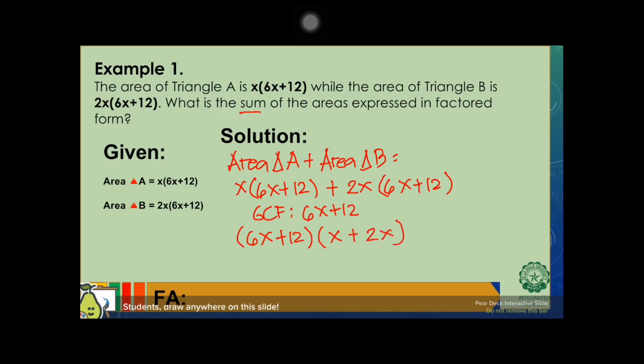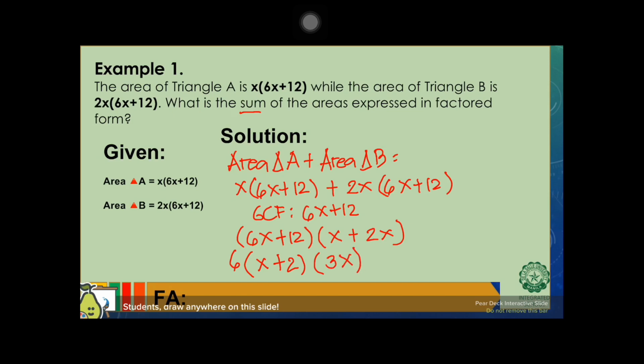After that, guys, I want you to take note that out of these two binomial factors we have, 6x plus 12 can still be factored, or there is a common factor for 6x plus 12. That's the 6. So we have 6 multiplied by, you factor out the 6, you end up having x plus 2. Then take note, you can still add x and 2x, so you have 3x.